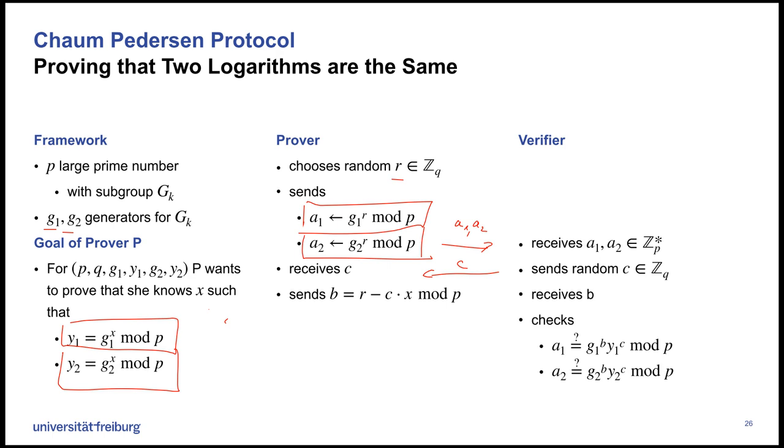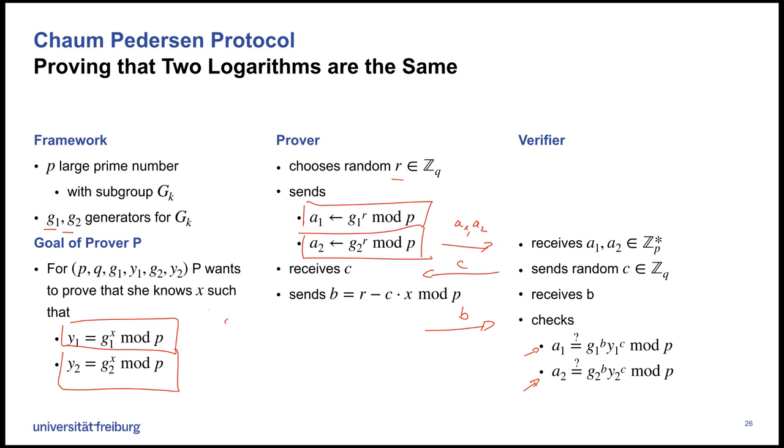And then we just send back a B. And what we do now is we're doing the Schnorr protocol twice in parallel. Because that's the same number for both of them, we are checking whether A1 is equal to G1 to the B and Y1 to the C, and we're checking whether A2 is equal to G2 to the B and Y2 to the C. So we are proving for both bases that we know the exponent.